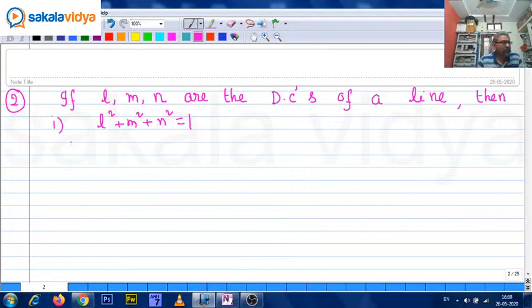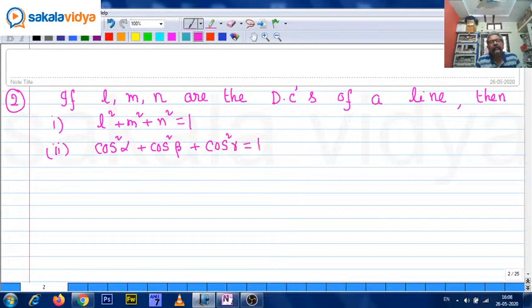Next, second point: if you put L for cos alpha, M for cos beta, N for cos gamma, you get this relation also: cos square alpha plus cos square beta plus cos square gamma is also 1.